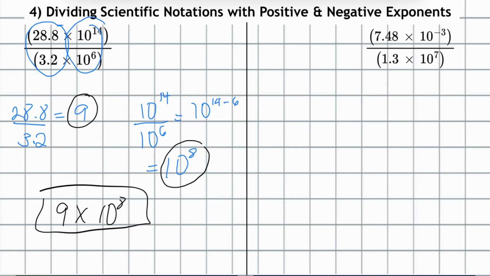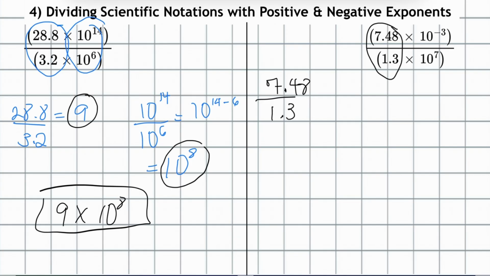So we're going to do the same process on the other side, but with negative exponents. We're going to start with the coefficients and divide them. I'm going to rewrite it if you feel comfortable: 7.48 divided by 1.3.